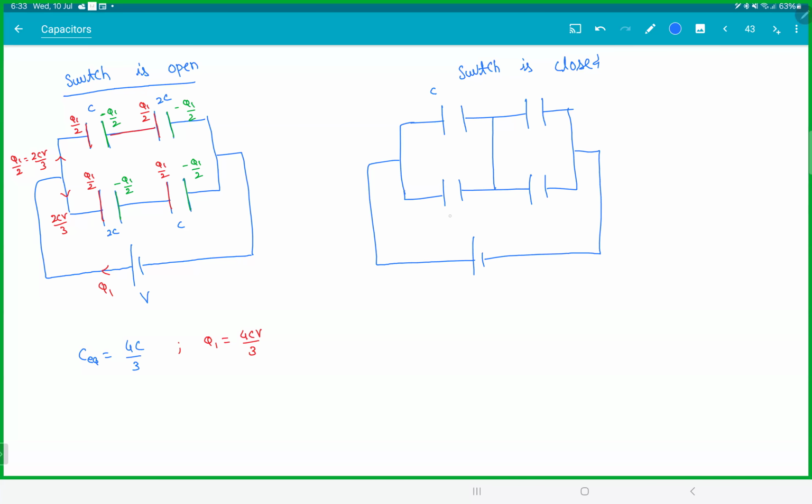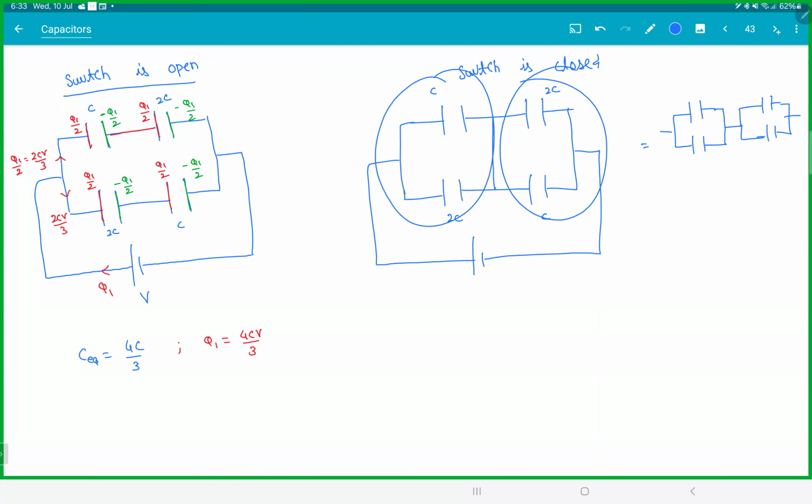So C, 2C, 2C, and C. This circuit can now be written like this. Since that is a wire now, you can just join them like this. Did you see what happened? These two became parallel, these two became parallel, because it's the same potential difference.